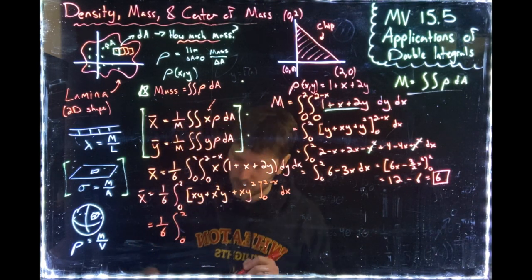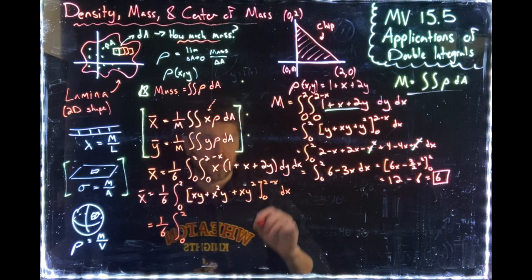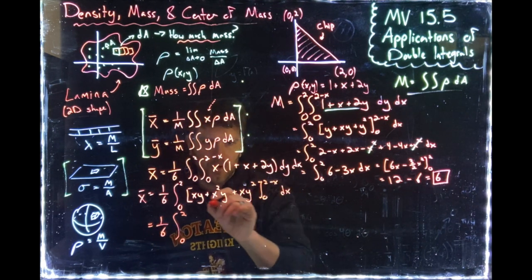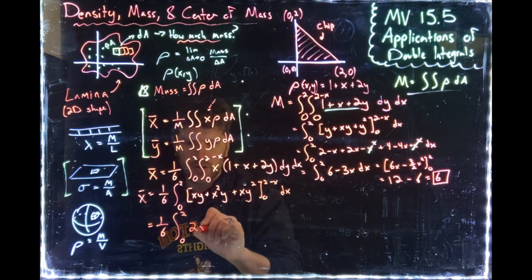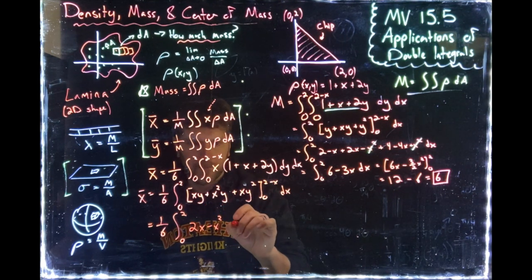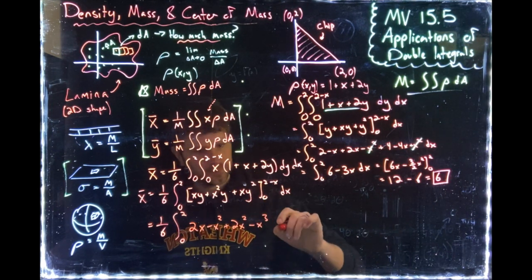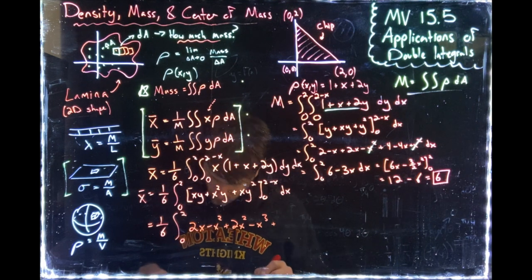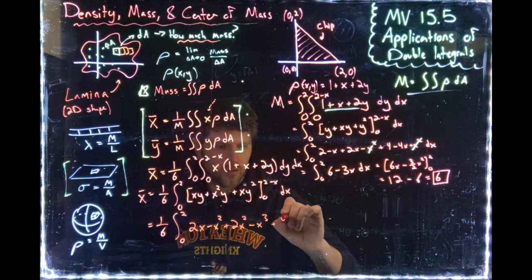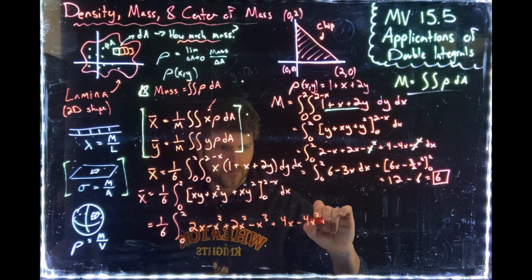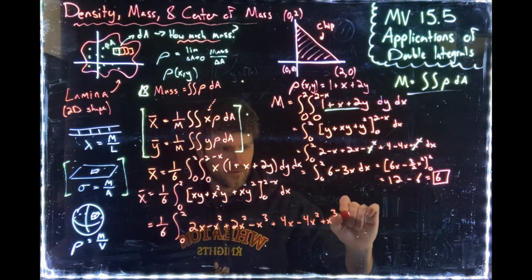All right, so I got to be a little cautious here. Again, when I plug in y equals 0, I get nothing, so I only need to worry about the 2 minus x part. And I'm doing a lot of distribution in my head, so when I plug in 2 minus x here, I get 2x minus x squared plus 2x squared minus x cubed plus 4x minus 4x squared plus x cubed.